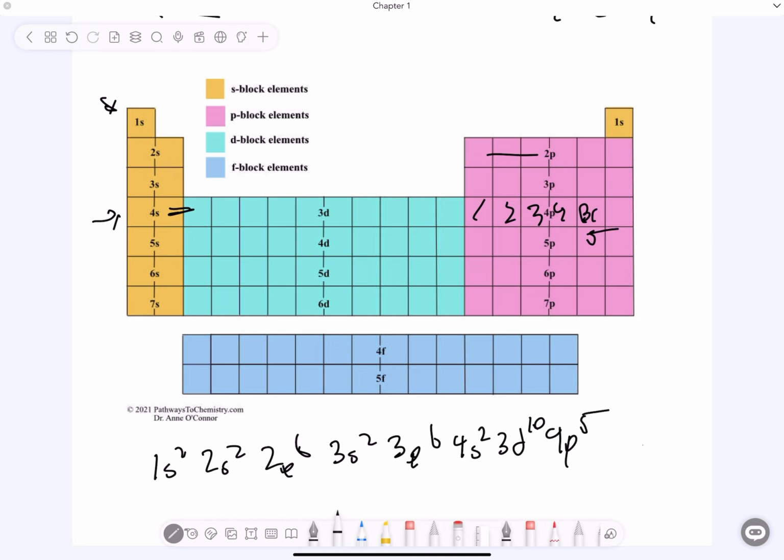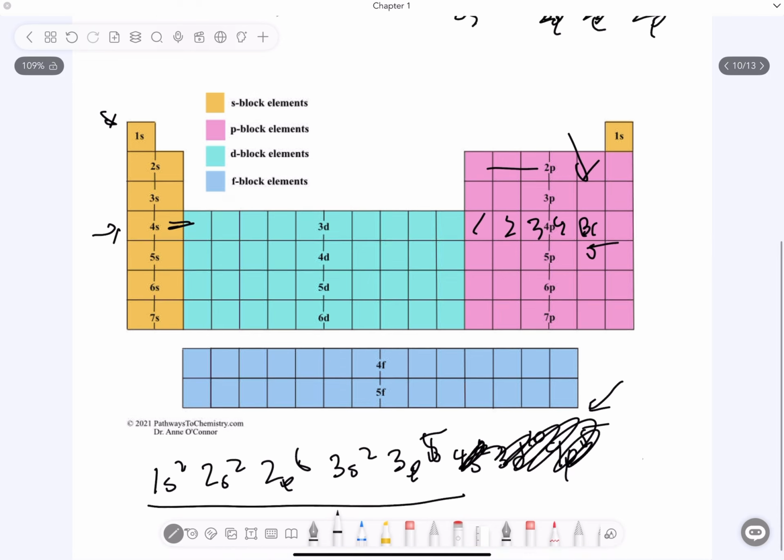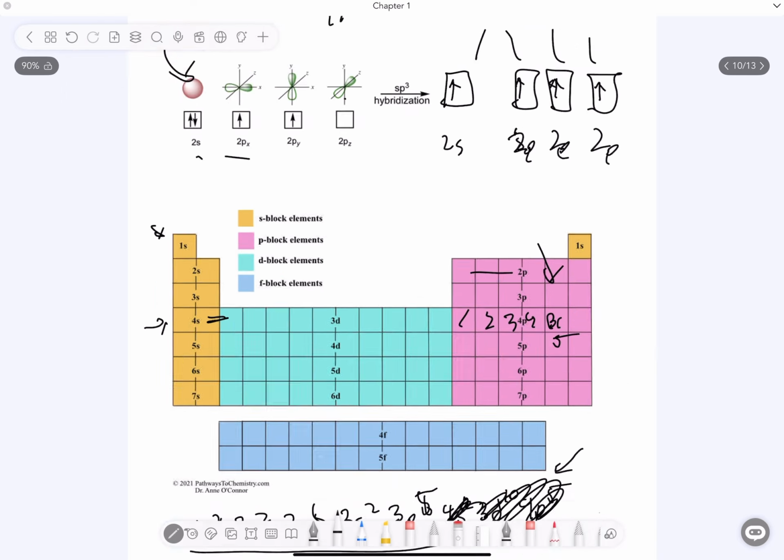So basically, this just includes all of them, except, and then you want to include that one. Yeah. So if you wanted to do the chlorine, that's right here. You would do 3p 5, right? And then this would be gone, but this would be for chlorine, right? Okay.